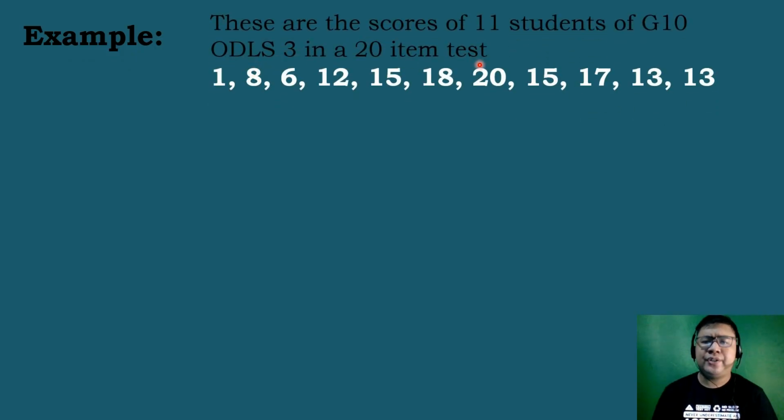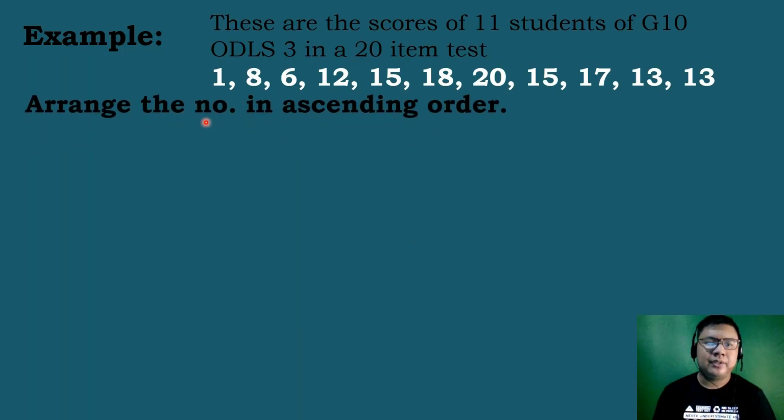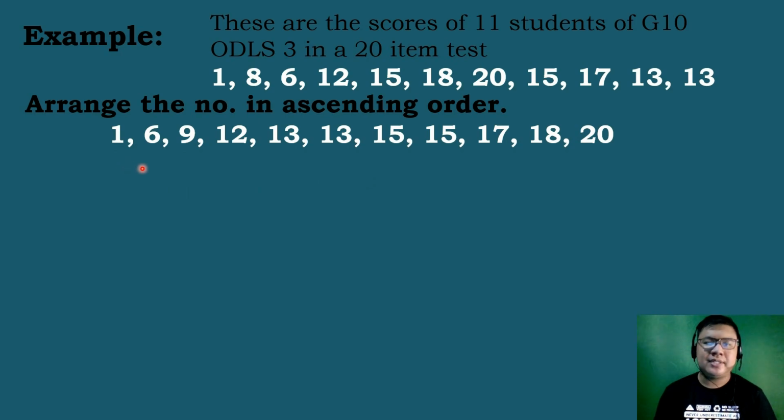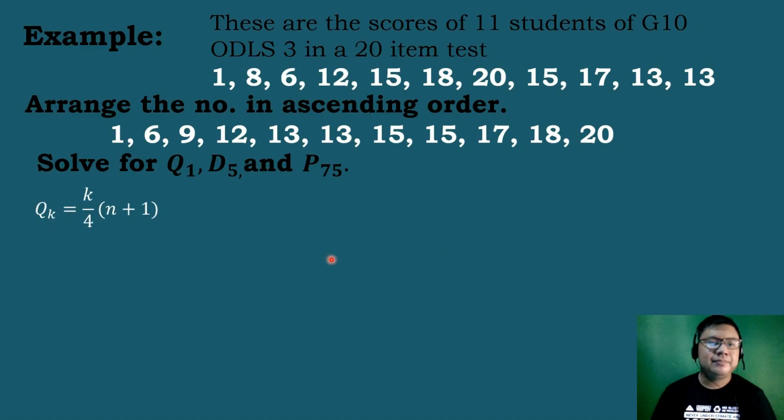These are the scores of 11 students of G10 ODLS3 in a 20-item test. Again, the first step is to arrange the numbers in ascending order from the lowest up to the highest score. After that, let's try to solve for the value of quartile 1, decile 5, and percentile 75.